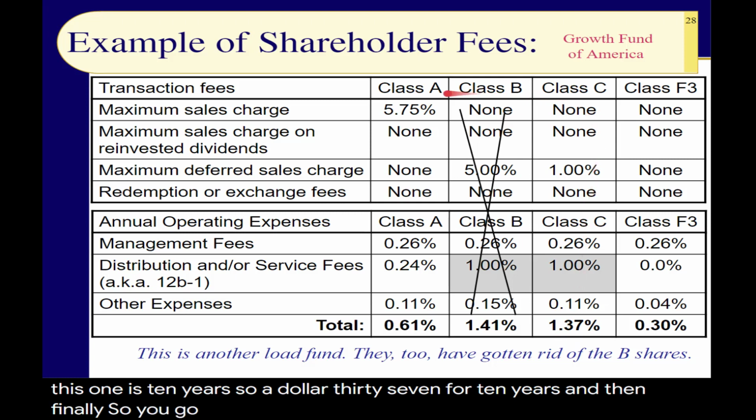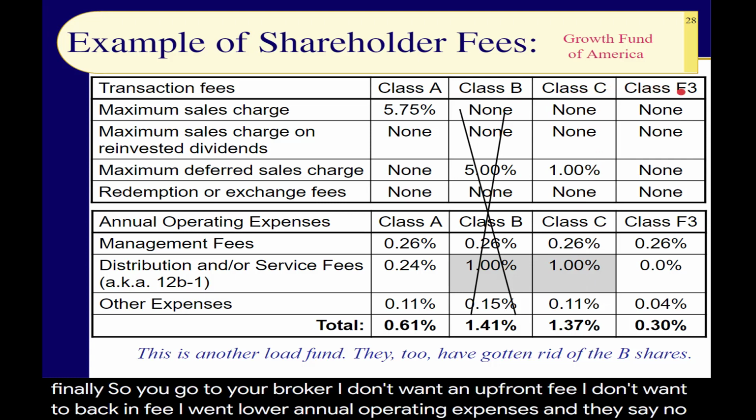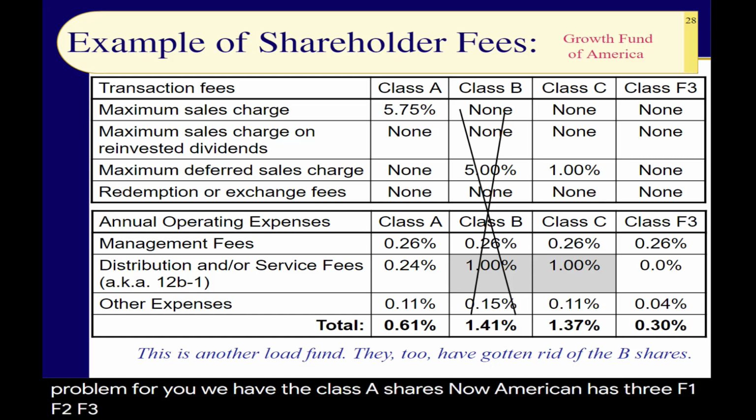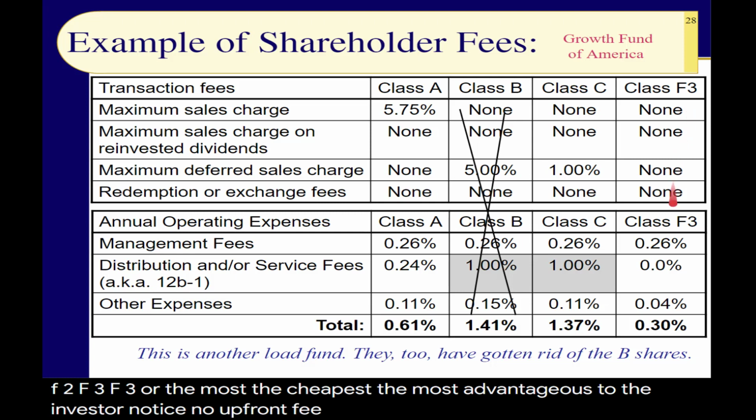So you go to your broker, I don't want an upfront fee, I don't want a back-end fee, I want lower annual operating expenses, and they say, no problem, for you we have the Class F shares. Now American has 3: F1, F2, F3. F3 are the cheapest, the most advantageous to the investor. Notice, no upfront fee, no back-end fee, 30 cents.